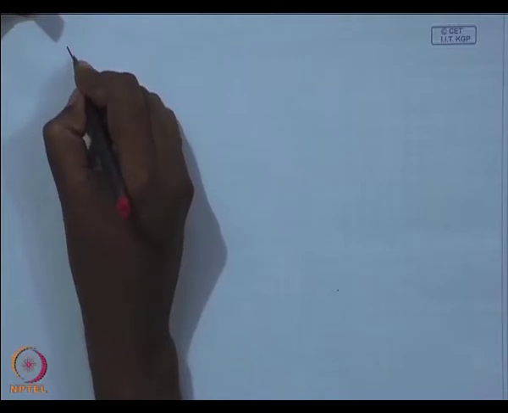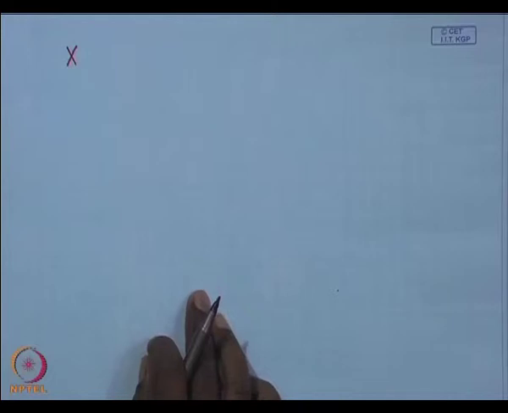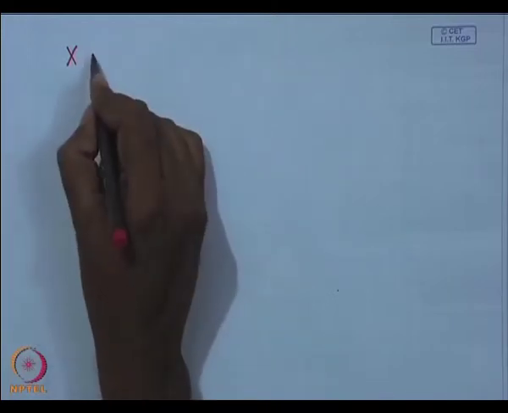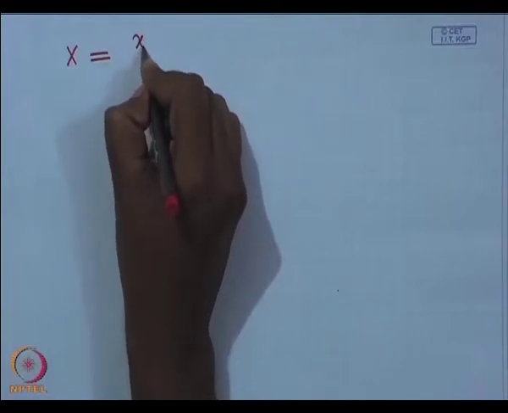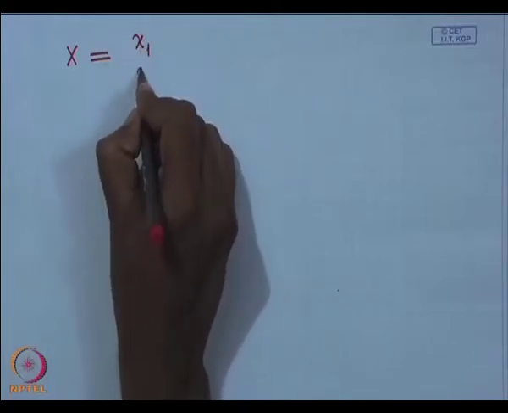So, I will start with a simpler case where I assume that I have two dimensional feature vectors. That means now this x, instead of being a single variable, is a vector which I represent by capital X, and this vector has two components. One I say x 1, the other one is x 2.